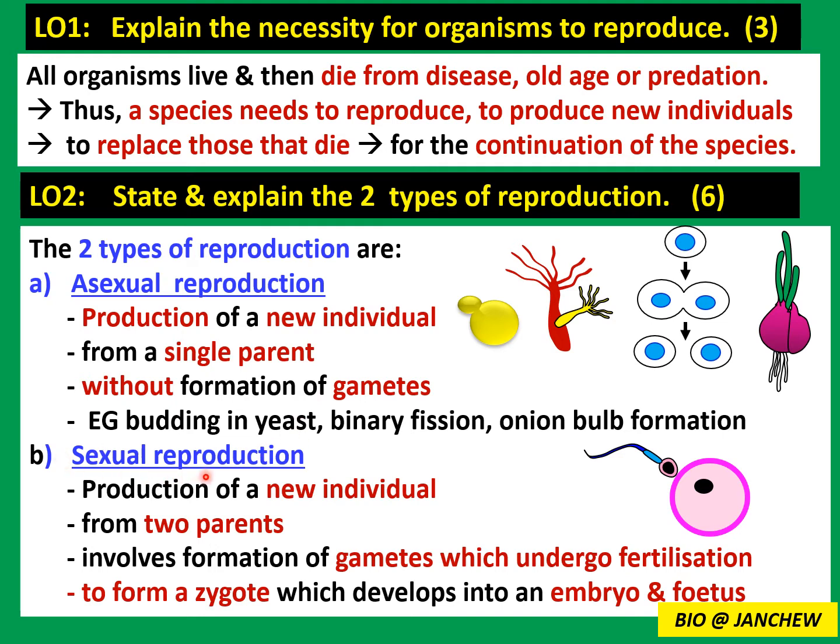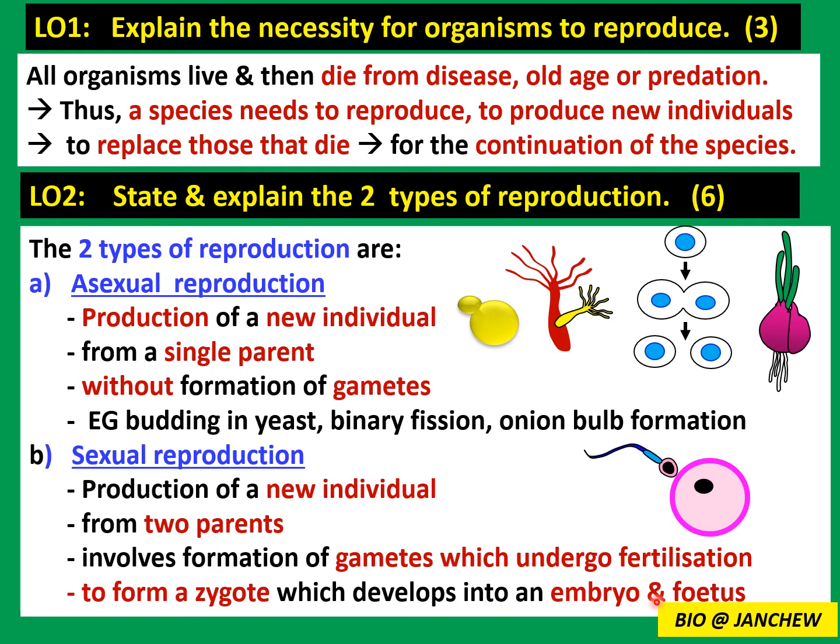Now for sexual reproduction, the meaning of sexual reproduction is the production of a new individual from two parents, usually the male and female parent. It involves the formation of gametes, that is the male and female gametes, which undergo fertilization when they fuse together to form a zygote, which then develops through cell division and differentiation.